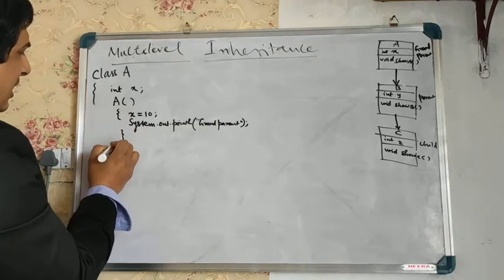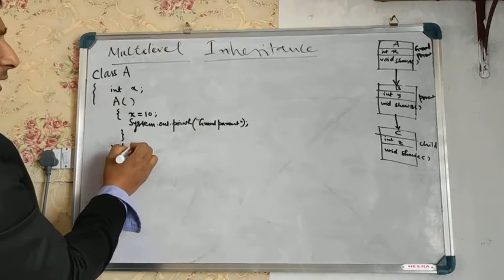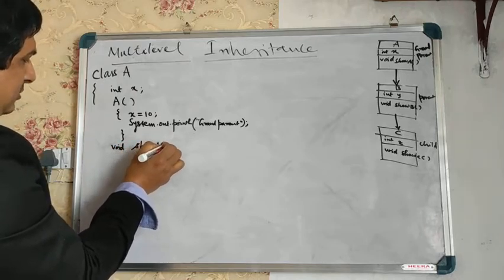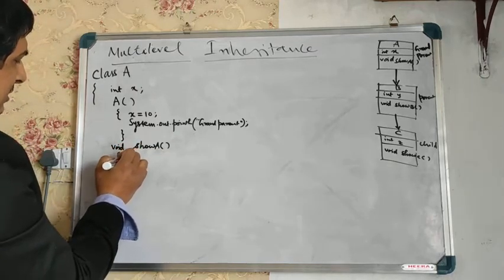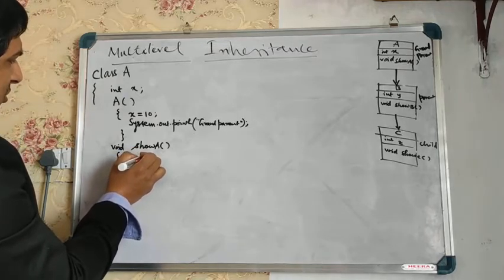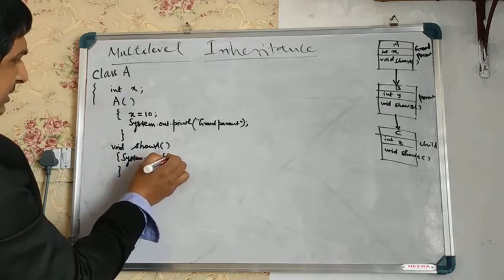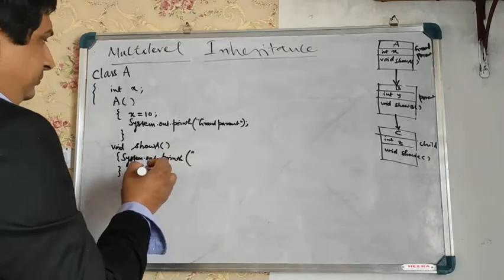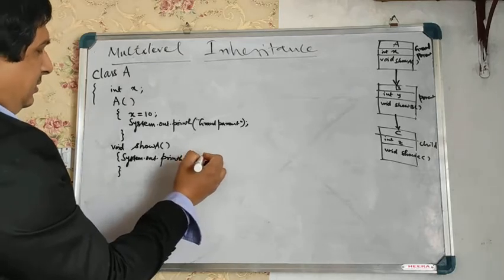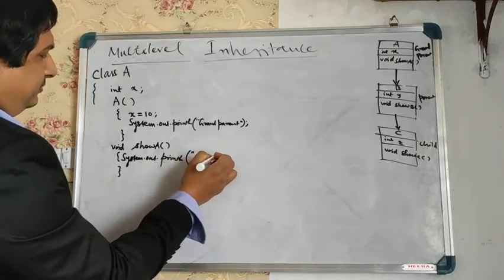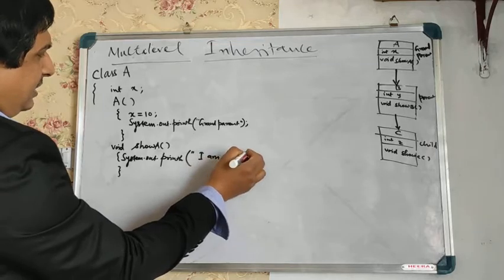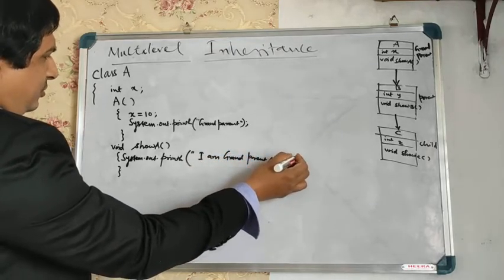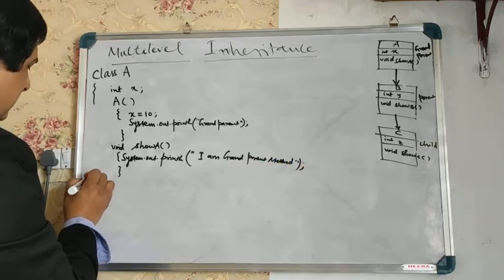That's all I'm going to write, and then we have a method void showA. Within that I'm writing System.out.println("I am grandparent method"). That's all I am going to write, and then it is perfectly alright.